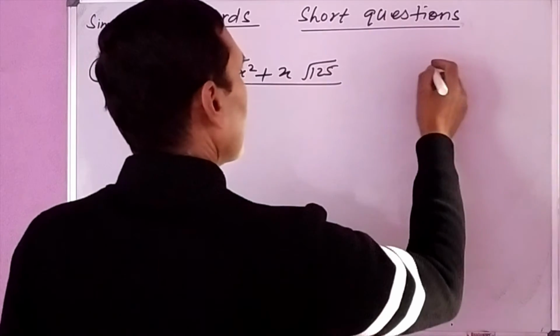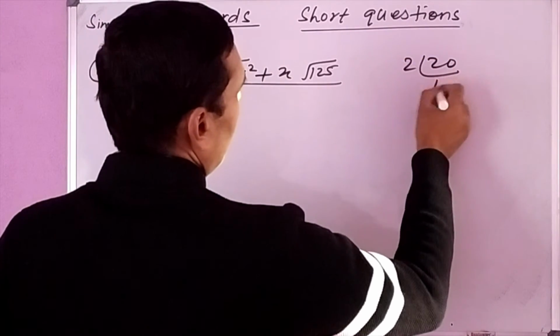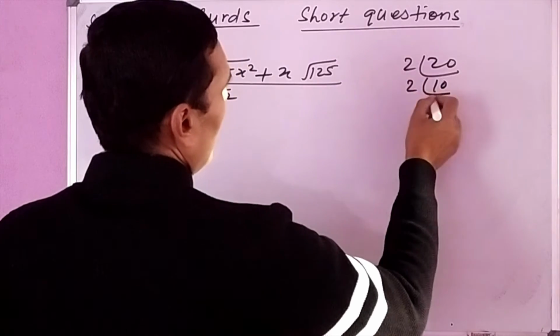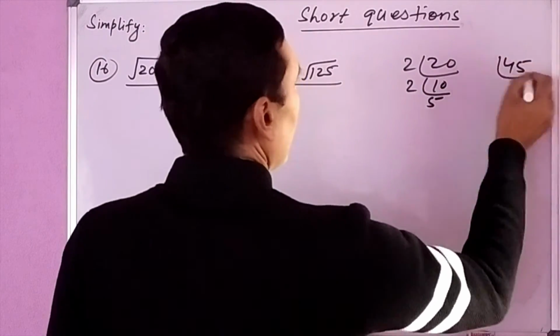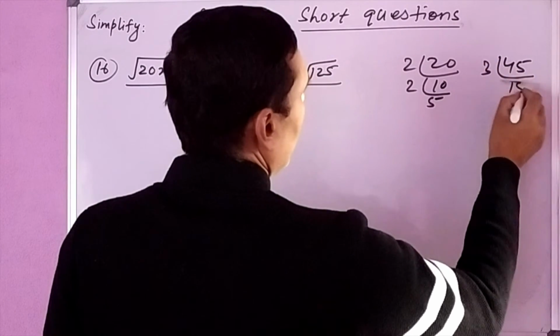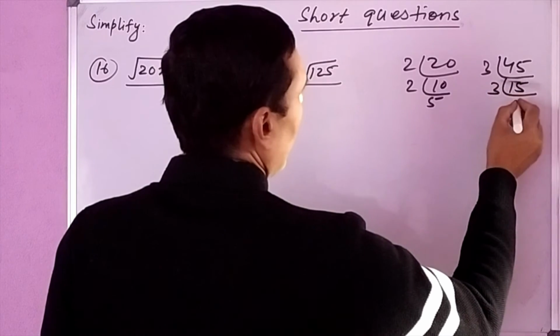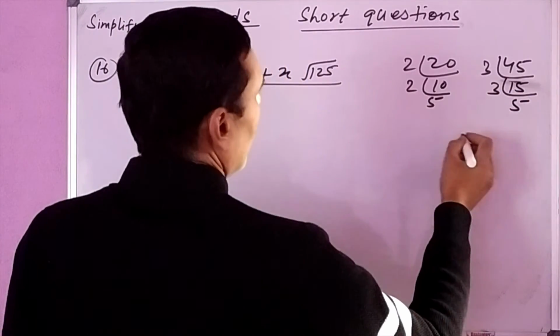And for the numbers, this 20 we factorize: 10 times 2, 5 times 2. So it is 2 square into 5. Similarly 45 divided by 3 is 15, again by 3, 5, so 3 square into 5.